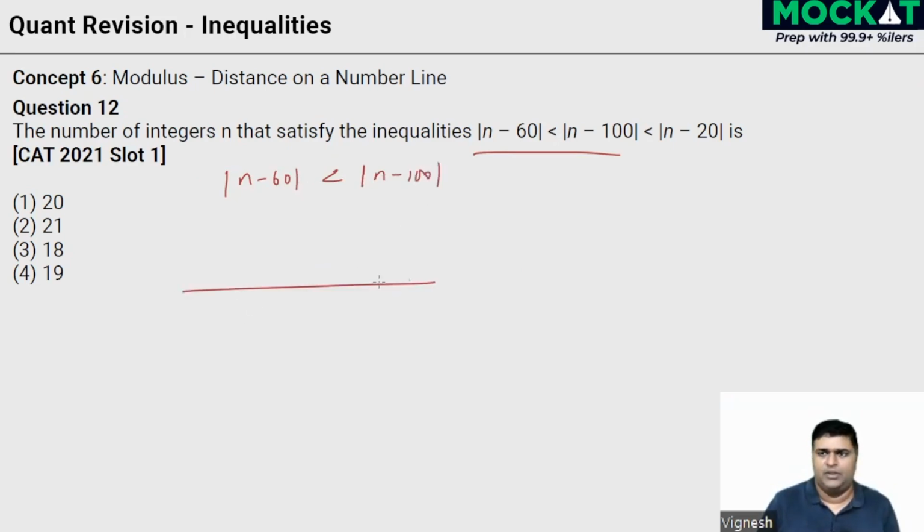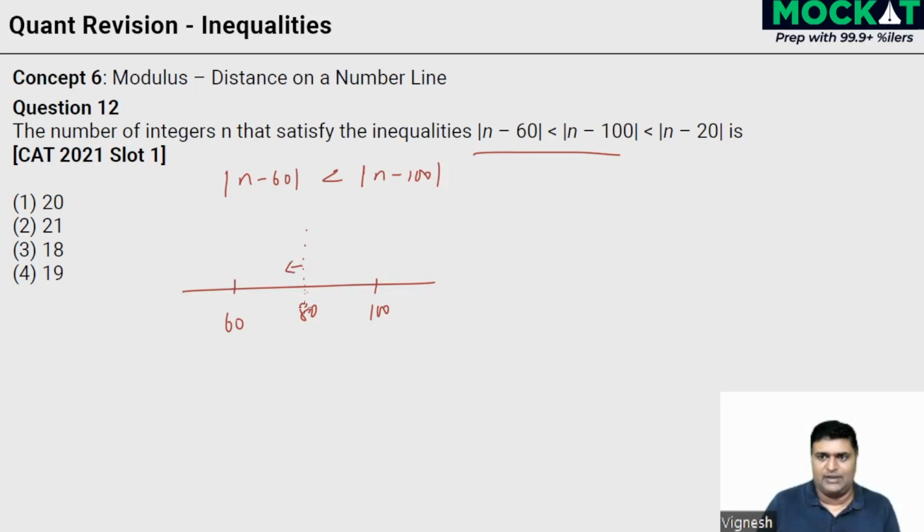What does that mean? On a number line, let's put a 60. Let's put a 100, right? This over here is distance away from 100 and this is distance away from 60. Now, what it essentially means is I need to find the values of n where its distance from 60 is less than the distance from 100, right? So 60 and 100, put the midpoint over here, which is 80. I want it to be closer to 60 than to 100.